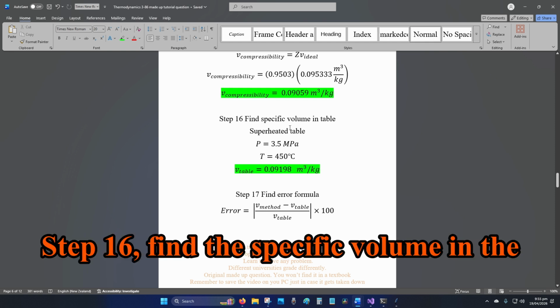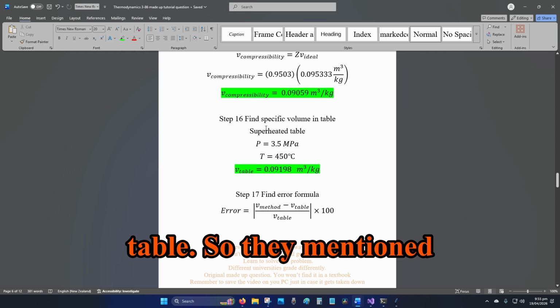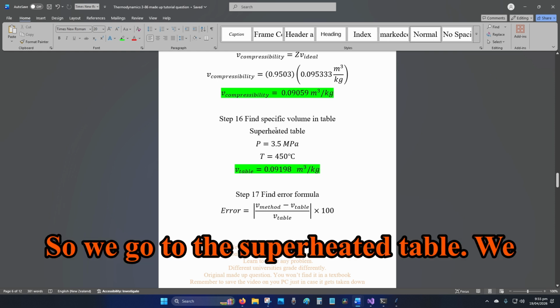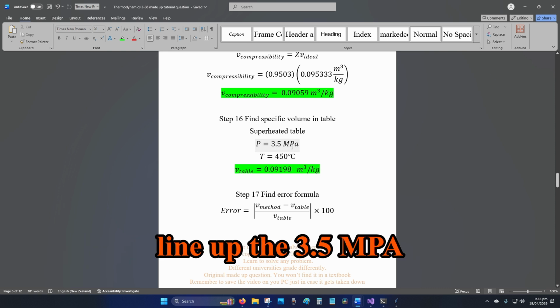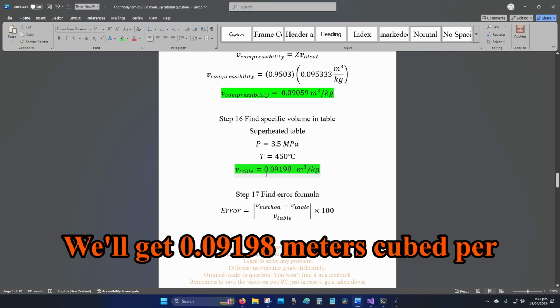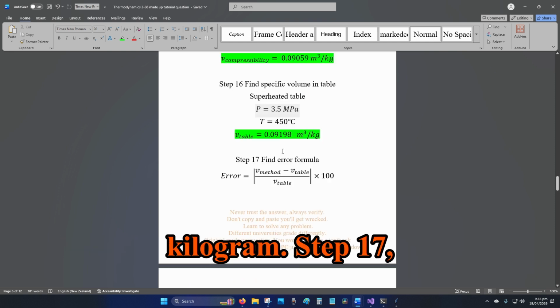Step 16, find the specific volume in the table. So they mentioned it is a superheated steam, so we go to the superheated table. We line up the 3.5 MPa with 450 degrees Celsius. We'll get 0.09198 meters cubed per kilogram.